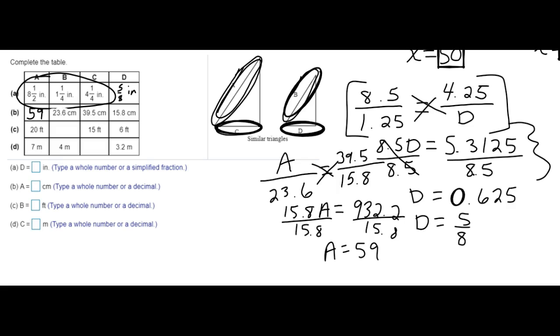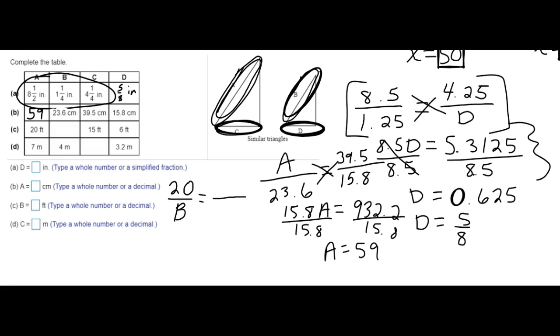Okay, on letter C, we're going to do the same thing, but this time the unknown is B. So I'm going to go back to my triangle. My A is my long side of the large triangle.